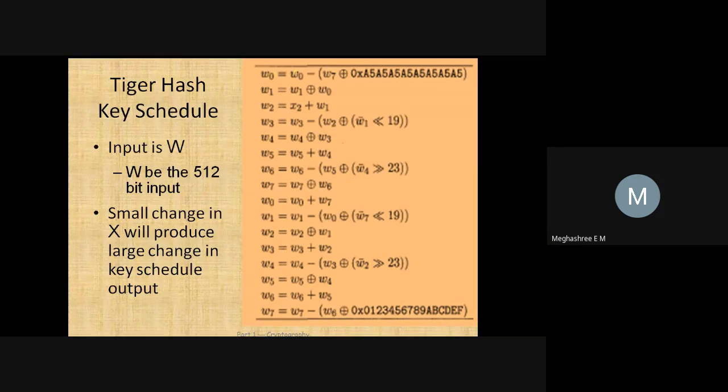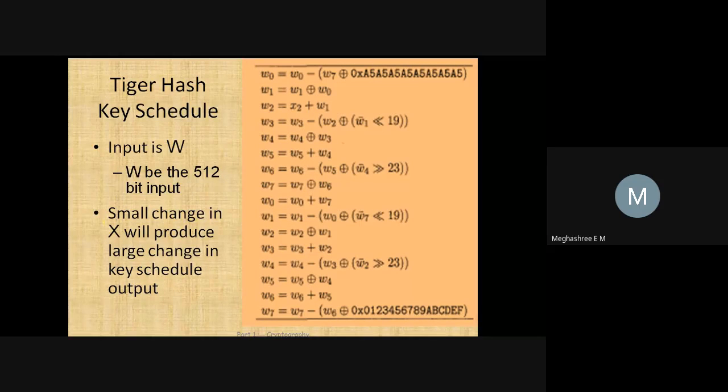You can see W0 is equal to W0 minus W7 XOR a hexadecimal value. This is the standard value that they consider for the XOR function. In this way all this calculation is made and fed as input to the respective rounds.